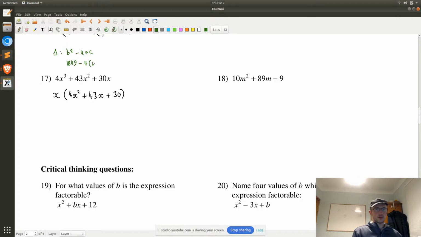Take away 4 times 4 times 30. And 16 times 30 is 480. 1849, take away 480 is 1369.